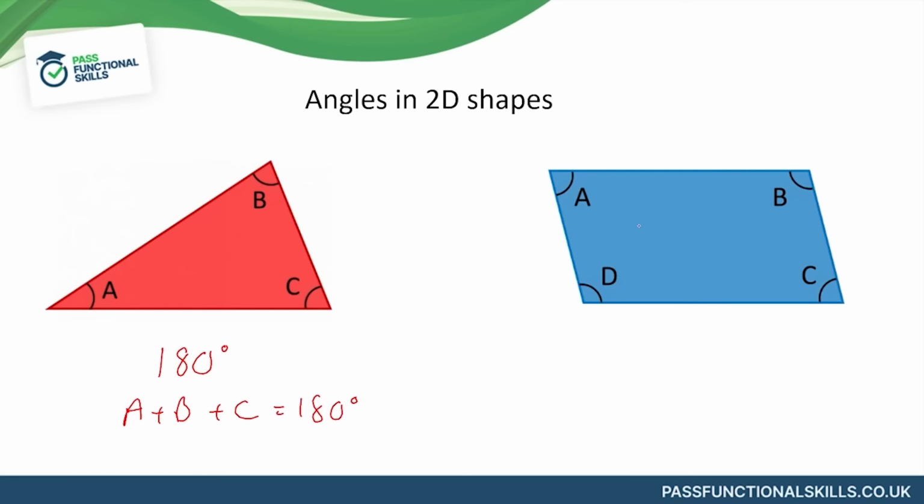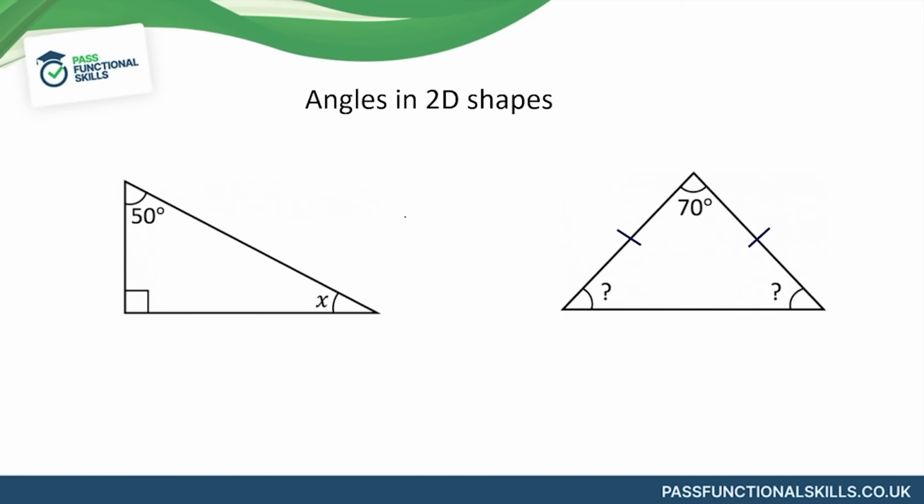On the right hand side, it looks like a parallelogram, but the key thing to remember is it's a four-sided shape, and four-sided shapes, otherwise known as quadrilaterals, have interior angles that add up to 360 degrees. So angle A plus angle B plus angle C plus angle D equal 360 degrees. Nice and easy.